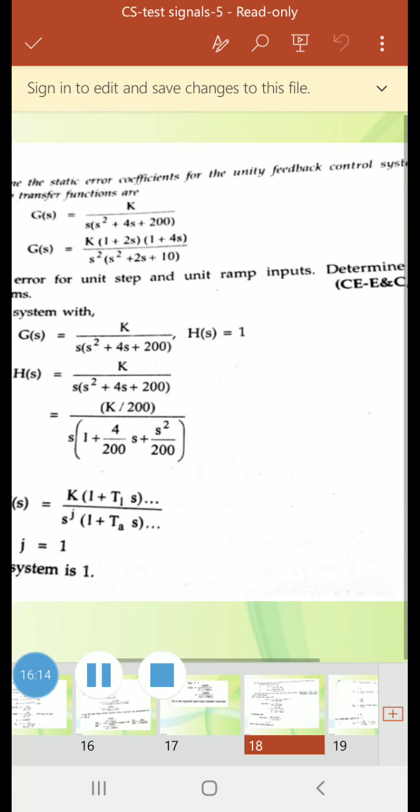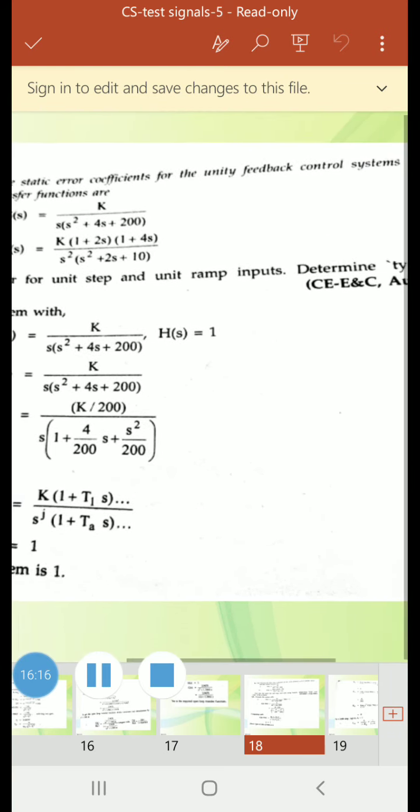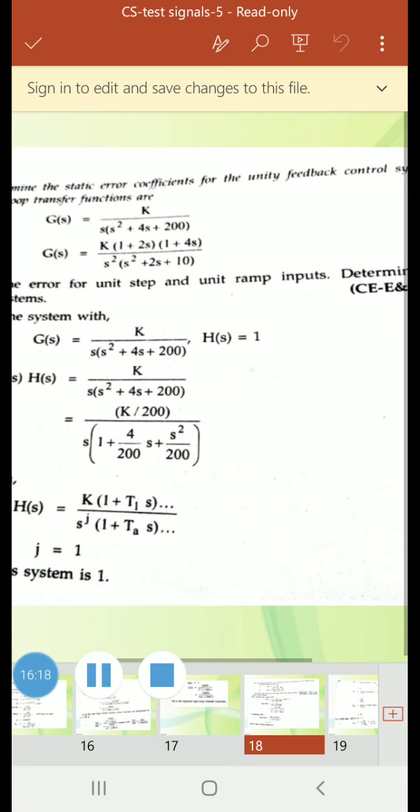G of S is equal to K divided by S into bracket S square plus 4S plus 200.